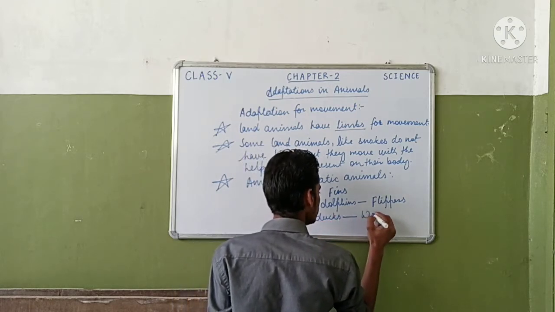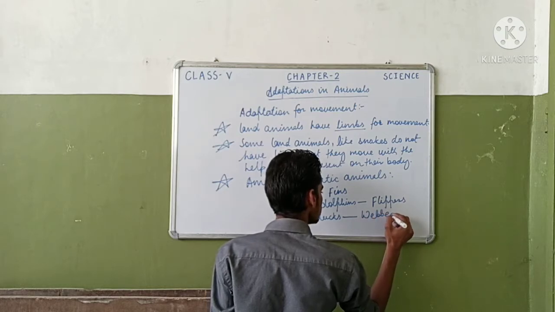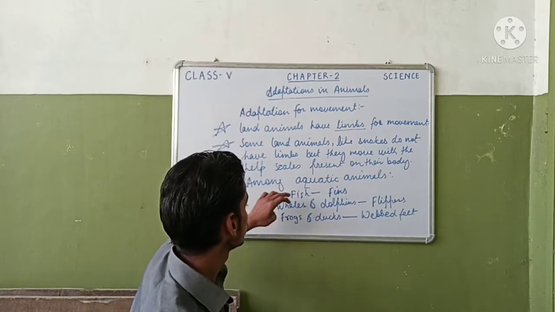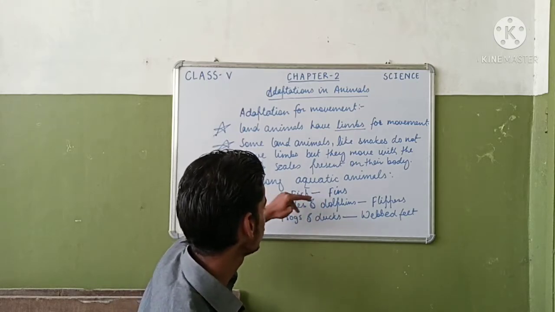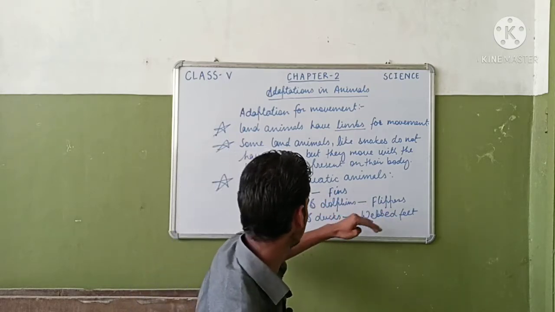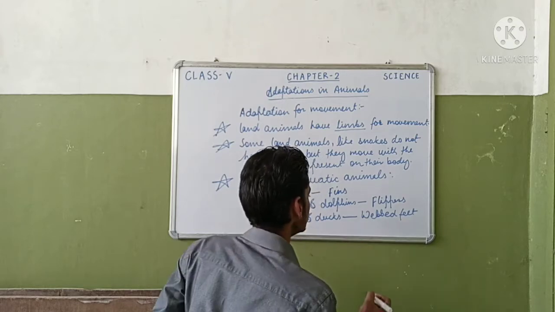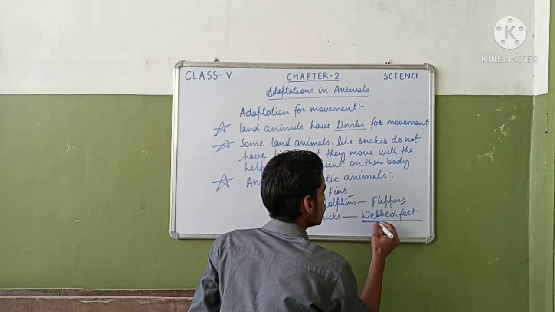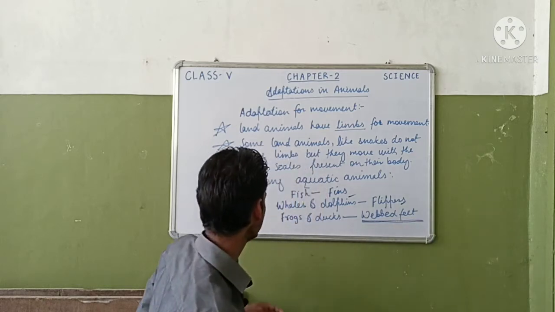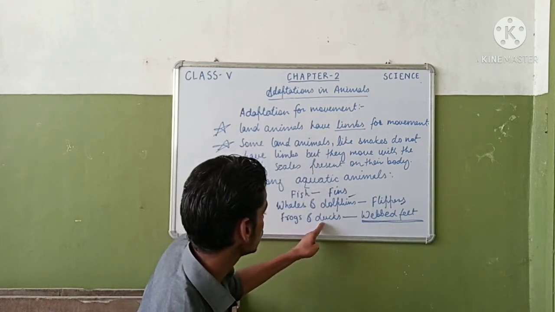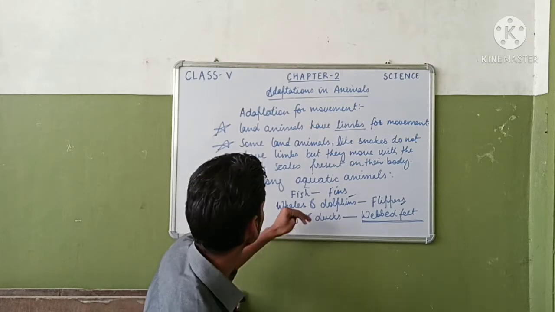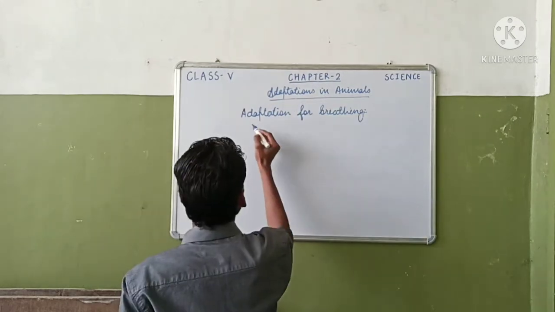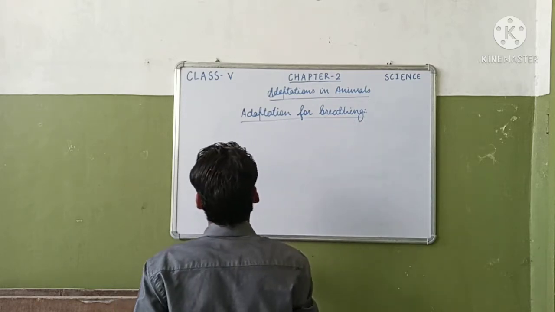Frogs and ducks have webbed feet. The fins, flippers and webbed feet are the adaptive features adapted by the different aquatic animals for movement in water.